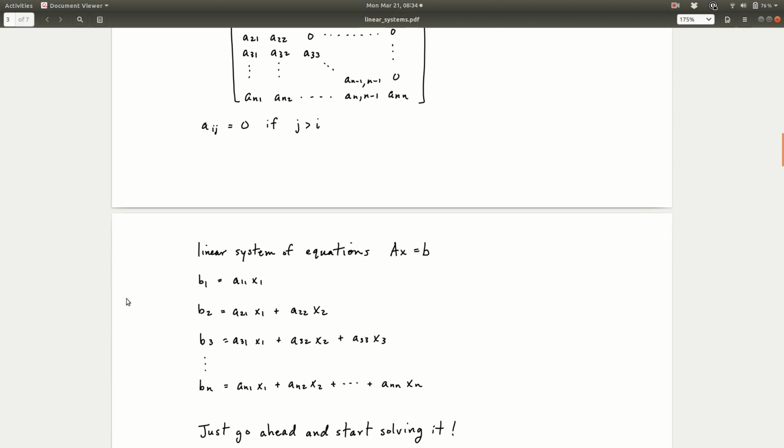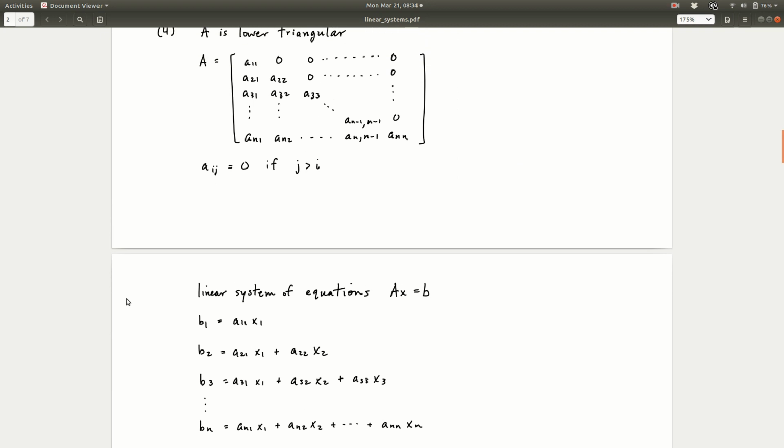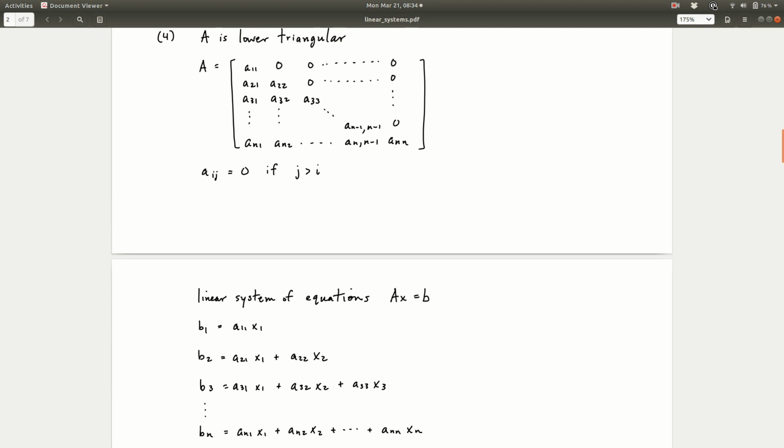So let's take this lower triangular form. I'm going to put the whole thing on the same page, and we're going to write out the linear system of equations, Ax equals b. I'm going to do it a little bit differently. I'm going to put b on the left-hand side and Ax on the right, just because it looks nicer when you line them up that way.